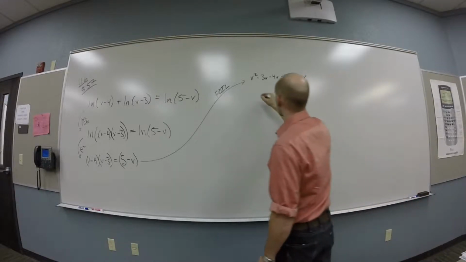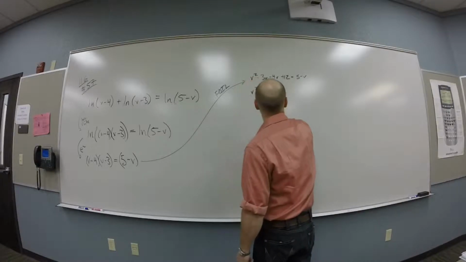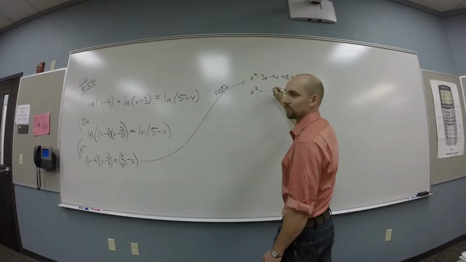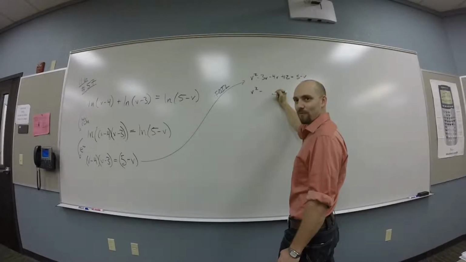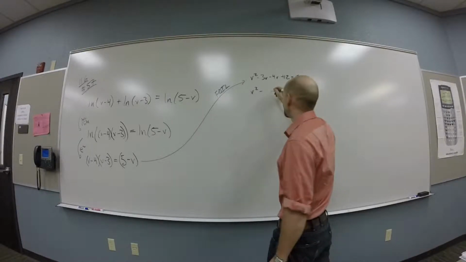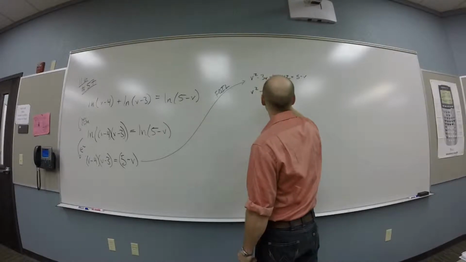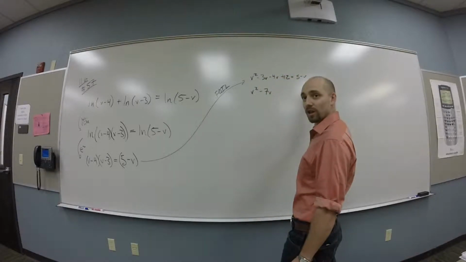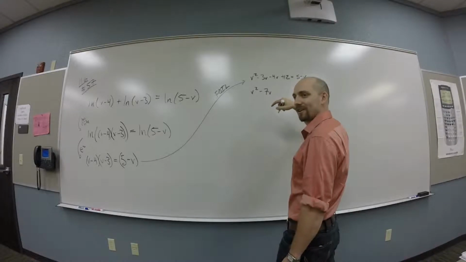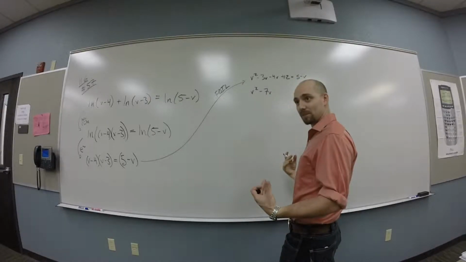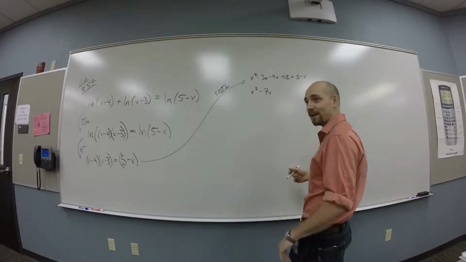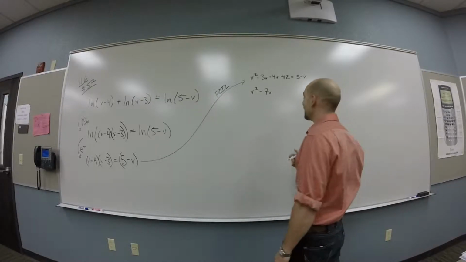Plus 5. Okay, combine like terms. So I've got v squared minus, how much is 3 and 4? It's 7. So I've got minus 7v. Oh, and some of you are pulling that v over. You guys see that? I'm going to do it in one step or two steps. You guys can do it in one if you're going to get it right, but get the signs right.